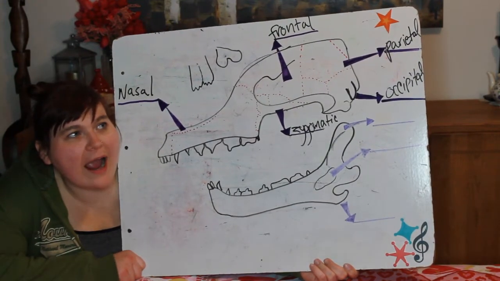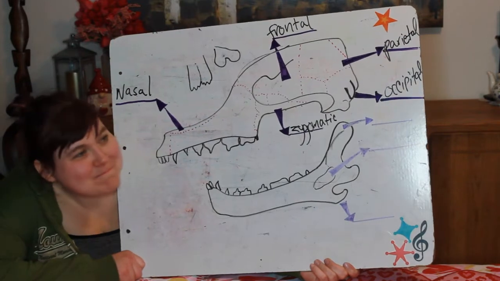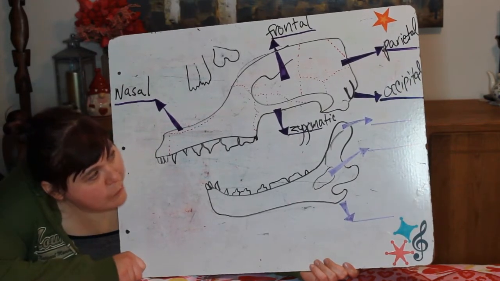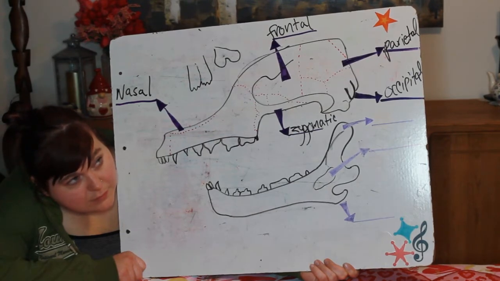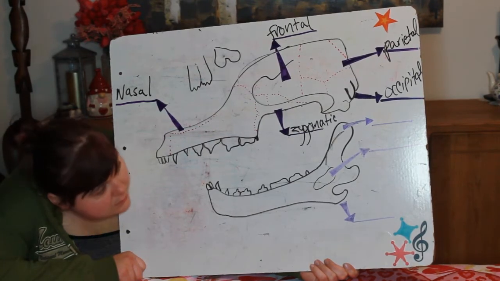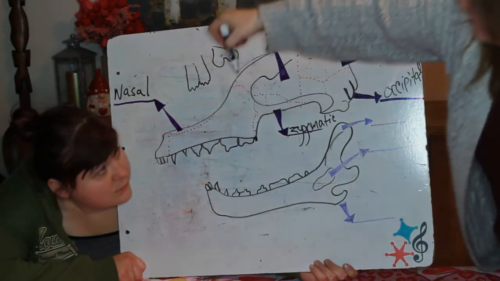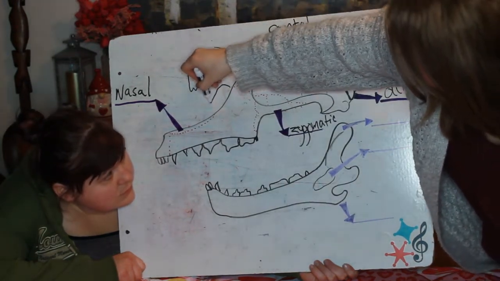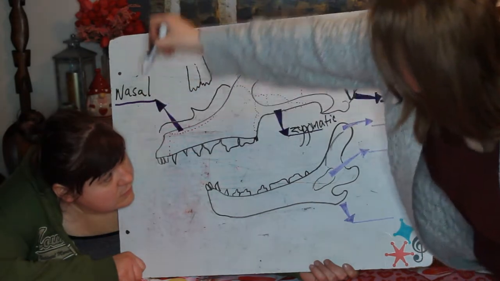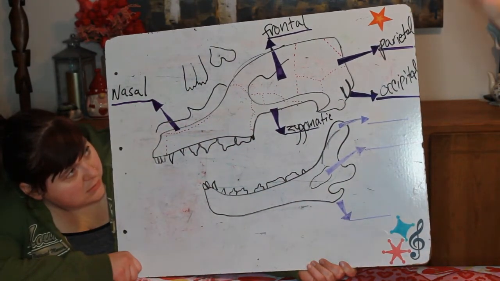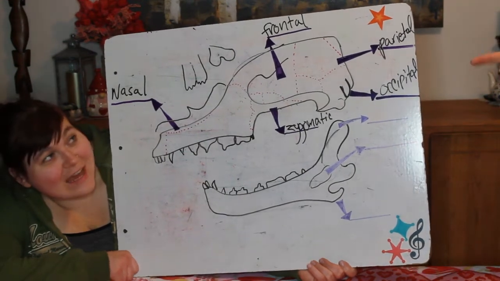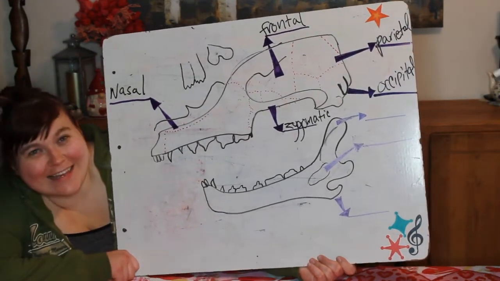Bonus. This is the portion of the skull that protrudes anteriorly, which means toward the head, from the front of the zygomatic bone. So basically this whole section right here is called a what? Snout? Yeah, that is one word.